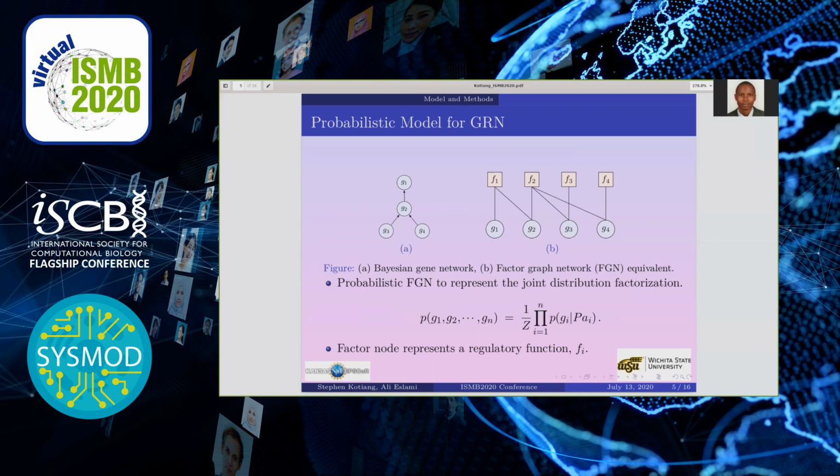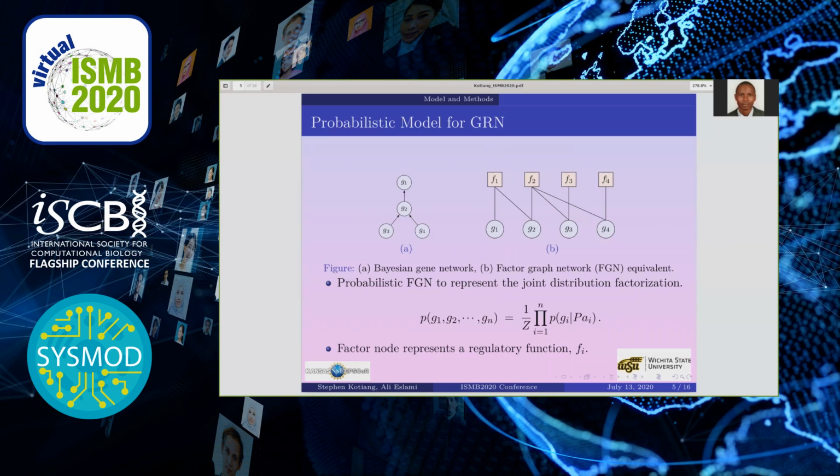In this slide, I describe our probabilistic model. We transform the gene network on the left into an equivalent factor graph on the right. A factor graph is a bipartite graph that associates variable nodes in circles on one side of the graph and factor nodes in squares on another side of the graph.